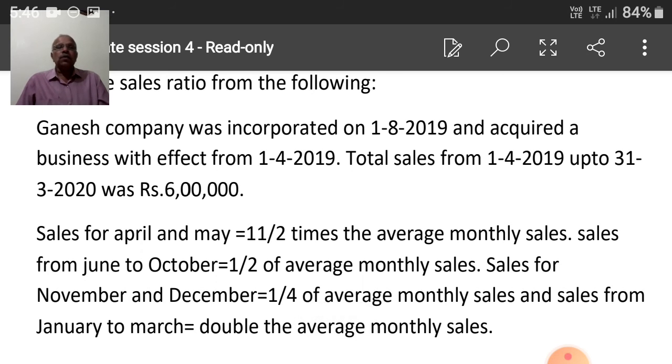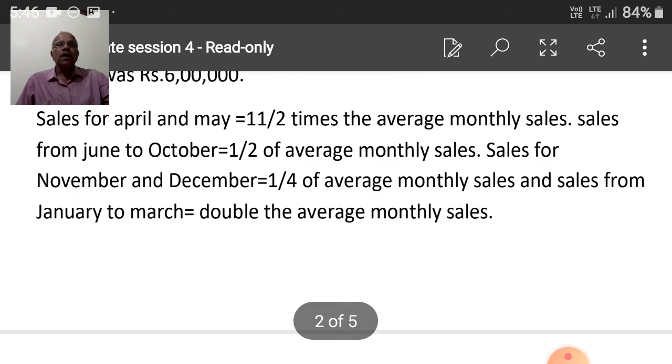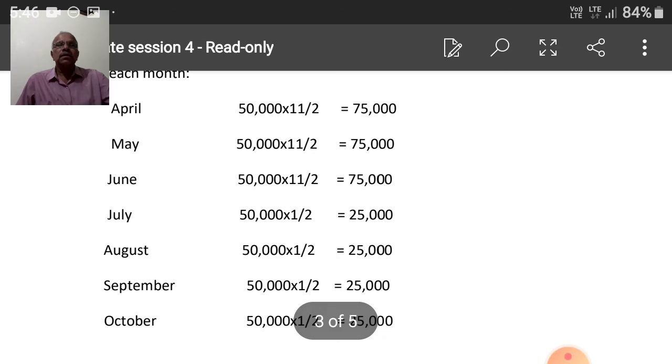Then from June to October, half of the monthly sales. June, 50,000 into half, 25,000. July, 50,000 into 1 by 2, 25,000. August, 50,000 into 1 by 2, 25,000.